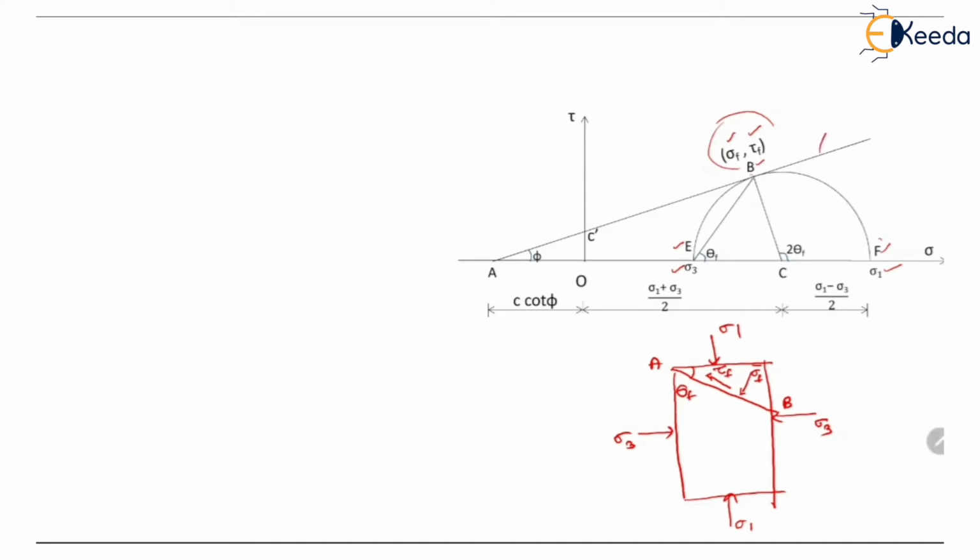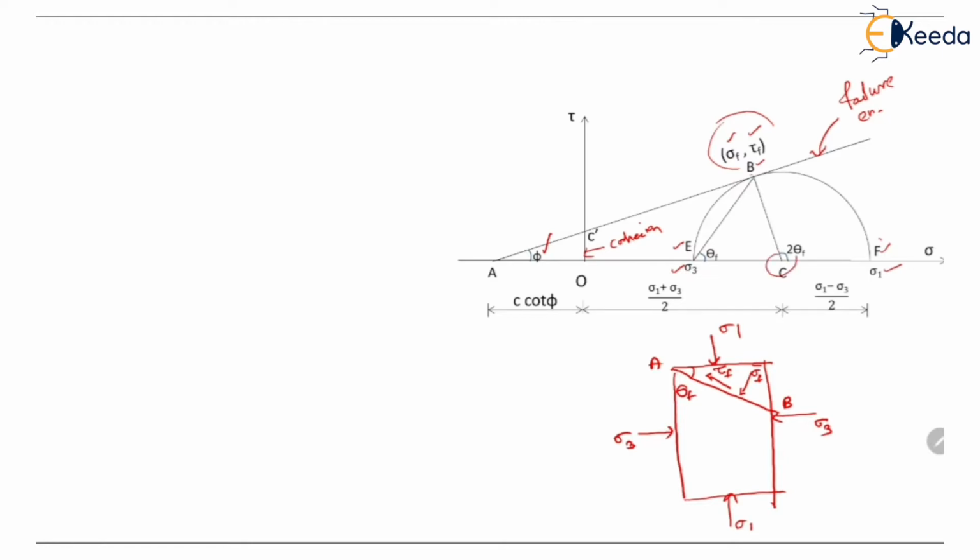The angle subtended by the failure envelope at the x-axis is phi. It is called the angle of friction. OC is called cohesion.